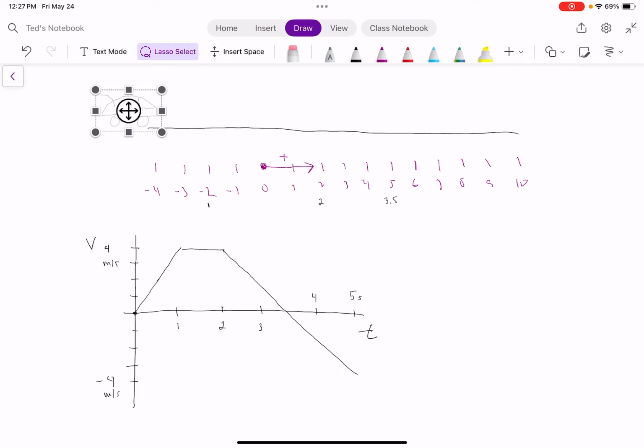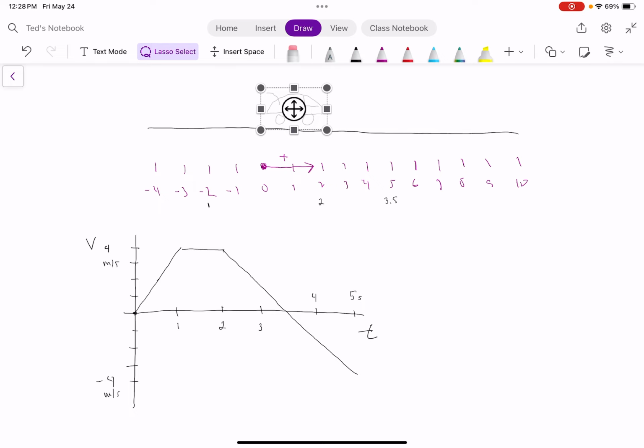It starts out really slow and speeds up to 4 meters per second, and then it keeps going at 4 meters per second, and then it slows down, stops, and then starts speeding up in the negative direction until we get to the end of the motion.